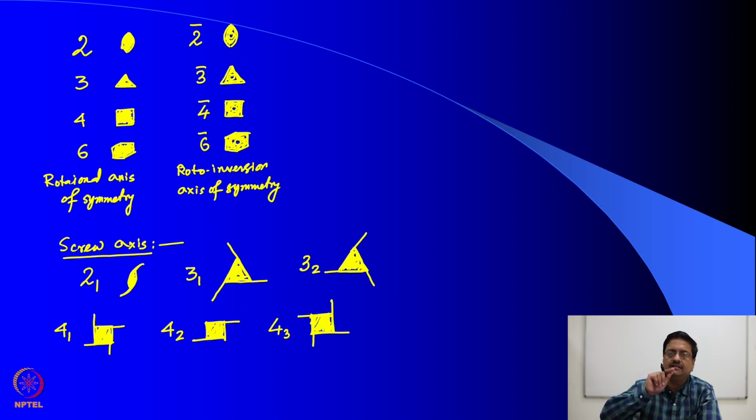When I am writing like this, it means the rotation is in the clockwise direction. When I write the other side, then it is anti-clockwise rotation. So, you can understand what can happen for 6-1.